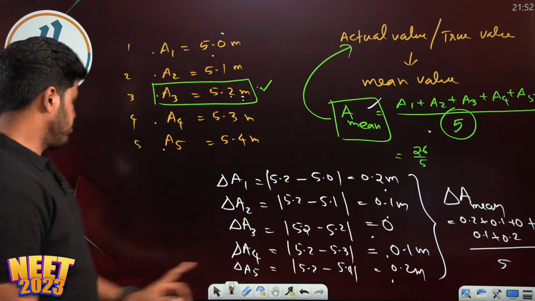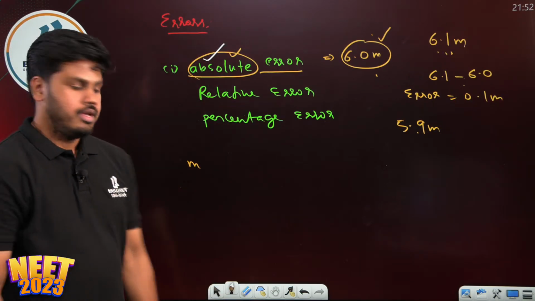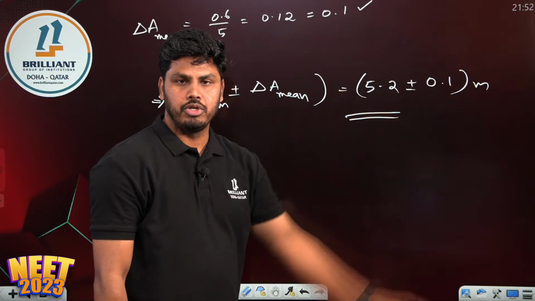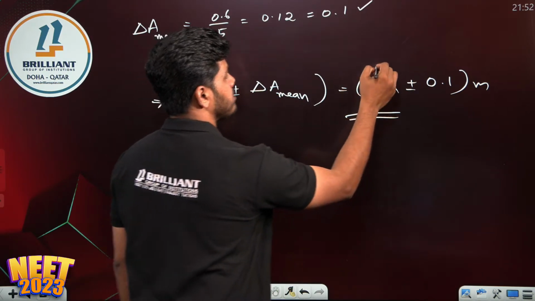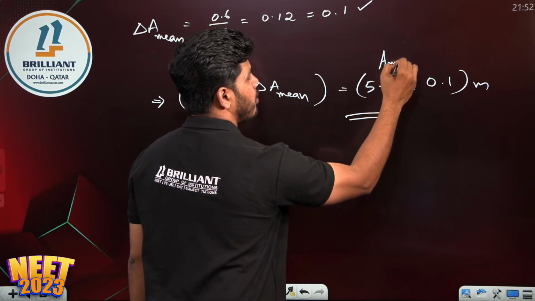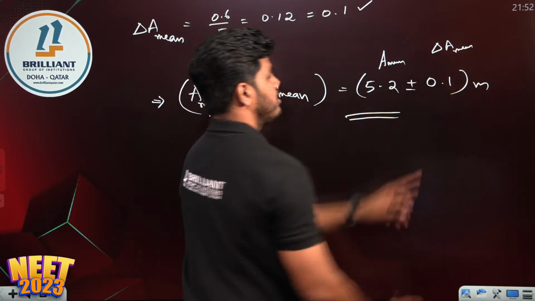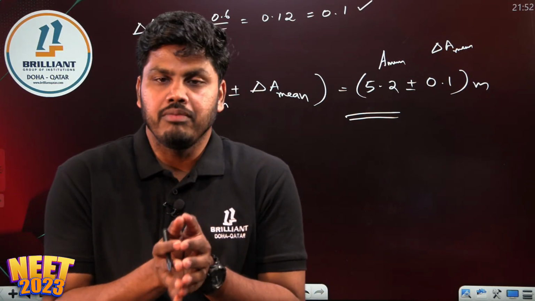That was called absolute errors. Using that absolute error, we represented the quantity 5.2 plus or minus 0.1, which means the measured value has a true value A mean of 5.2 meters and the mean absolute error of 0.1 meter. This is the way the quantity will be given.